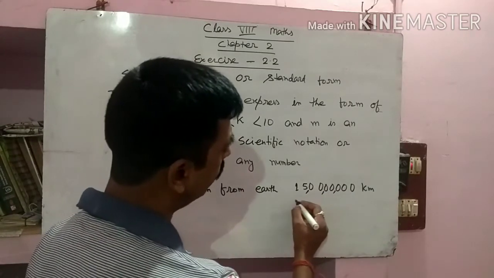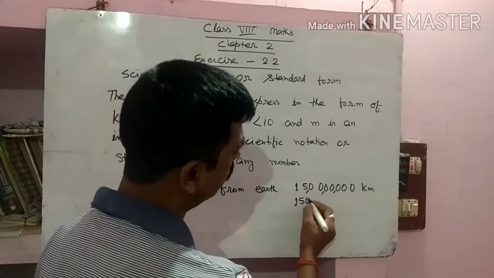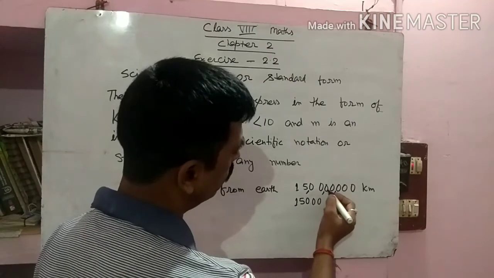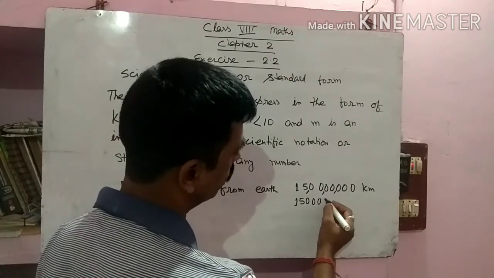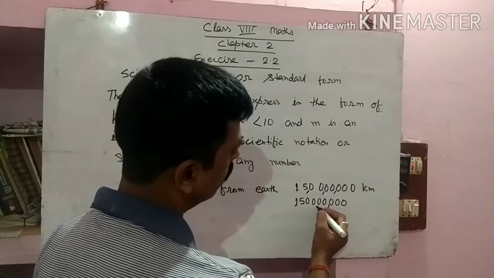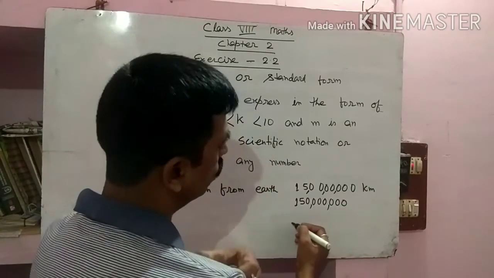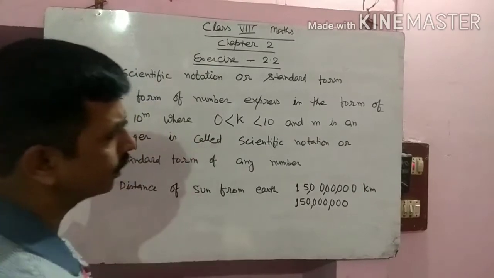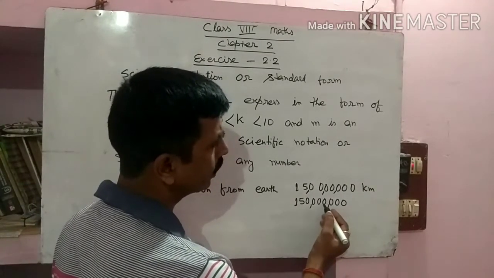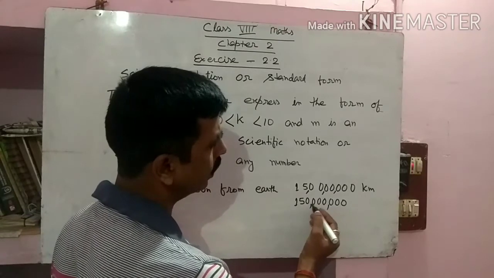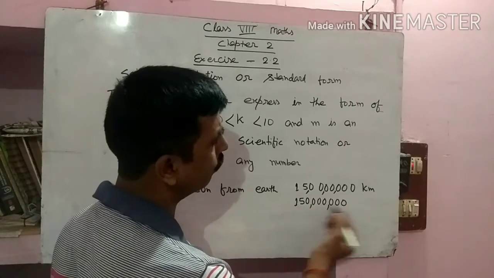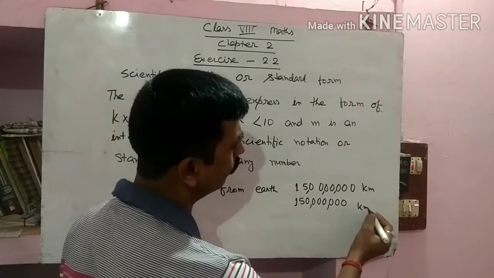Or if you write the same number in the international number system, then it will be ones, tens, hundred, thousand, 10,000, 100,000, million, 10 million, 100 million, means 150 million kilometer.